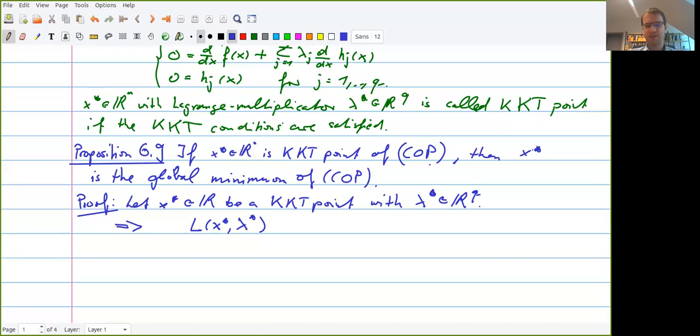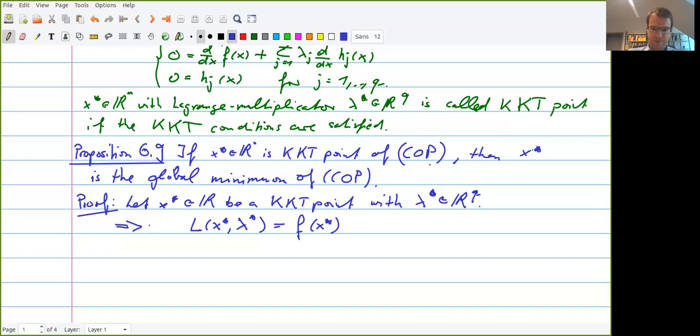That's nice. The Lagrange function applied to this KKT point is just the function f itself. And so this is our first observation.